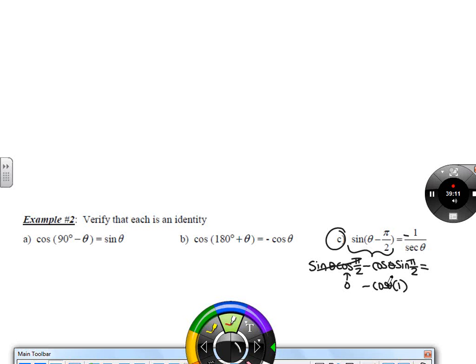So we get negative cosine times 1, which is just negative cosine. They want it to look like this? Fine. I know that the cosine and the secant are reciprocals, so I can just rewrite it like this. Yeah, Taryn.